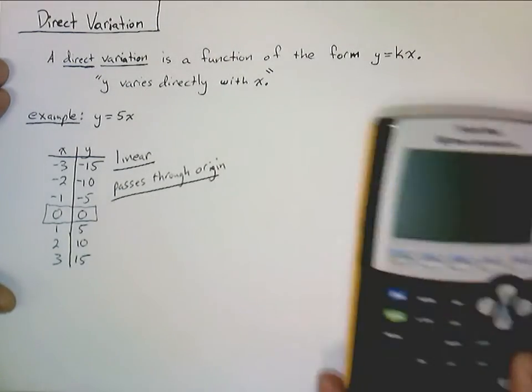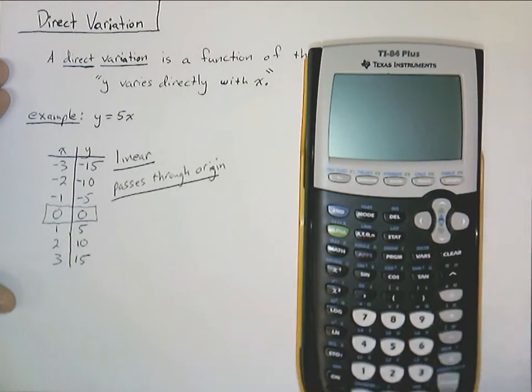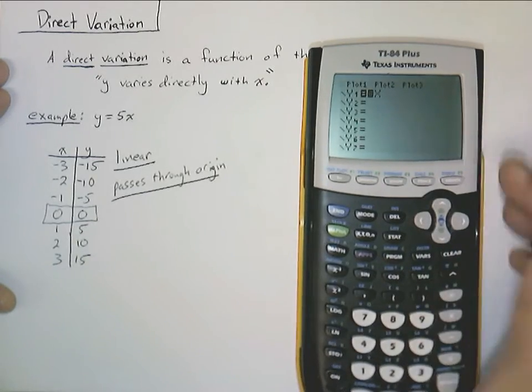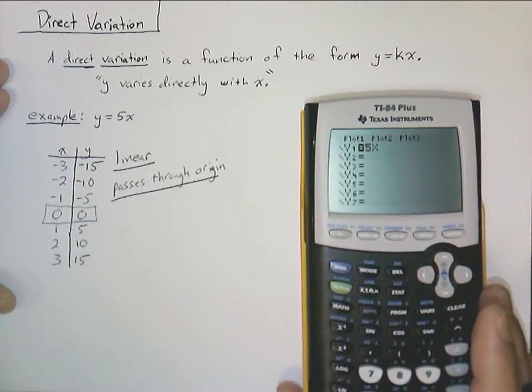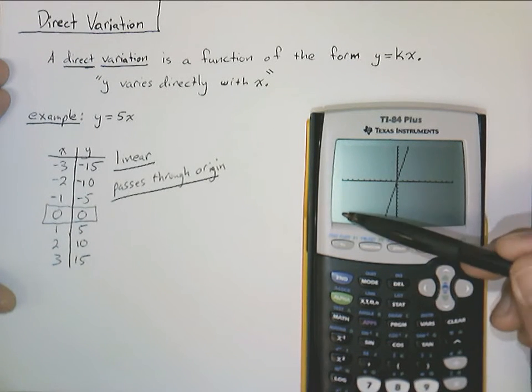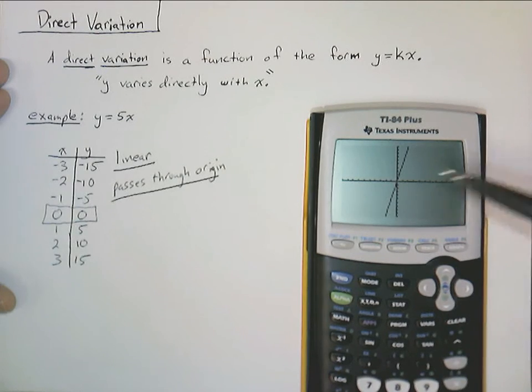And we could, of course, graph this thing. So why not? We'll just use our calculator here. Y equals, I've already got typed in there, y is equal to 5 times x. And we graph it, and sure enough, yes, it's a straight line, steeper than the parent function y equals x, which would be going at a 45-degree angle right here. And of course, it passes through the origin.